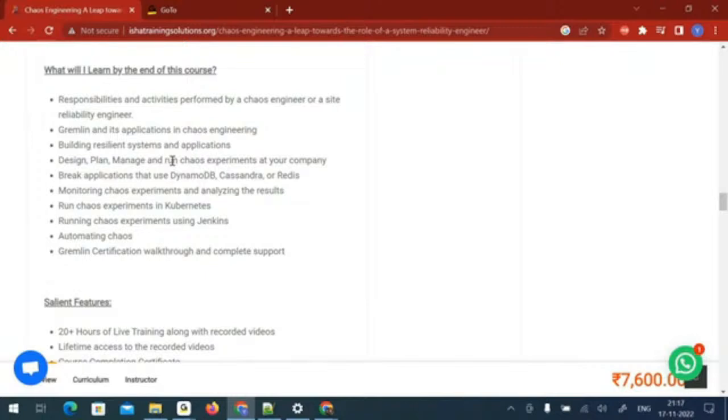For example, what all works and what types of tests he needs to execute, because you might find a lot of material online, but you will never find something which is step by step, or an end to end, from what chaos engineering is to the last, by running a test execution analysis. You won't find a course this detailed in an end to end format from starting to the end.